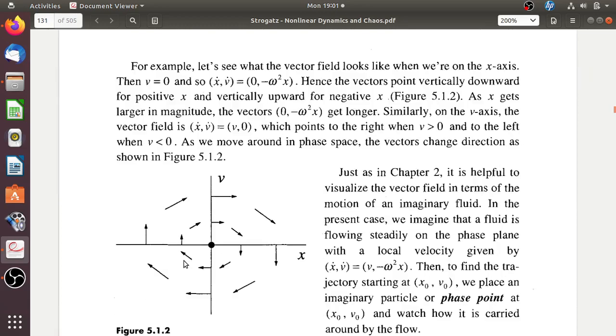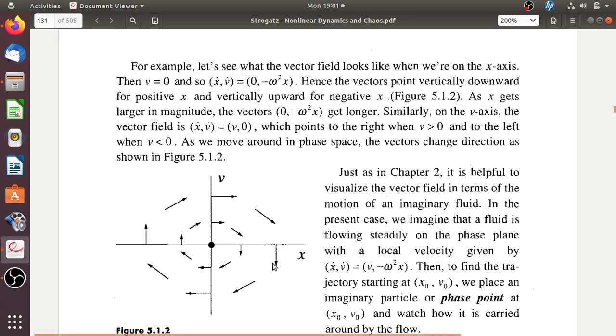So maybe the system will go like this until it reaches some value where all the kinetic energy is converted into spring energy, and after that what will happen? The spring is being stretched, so it will try to come back to its equilibrium position.